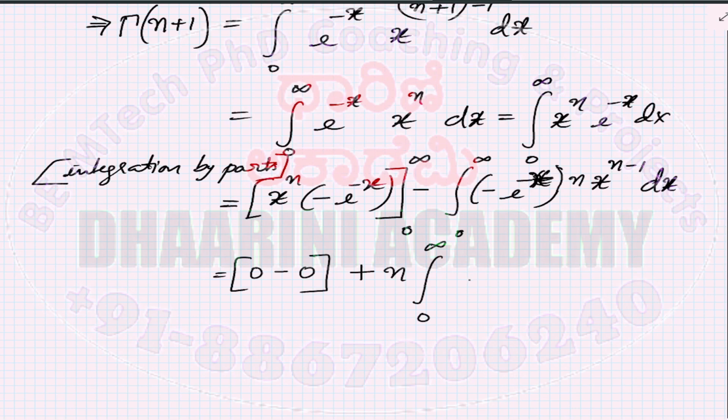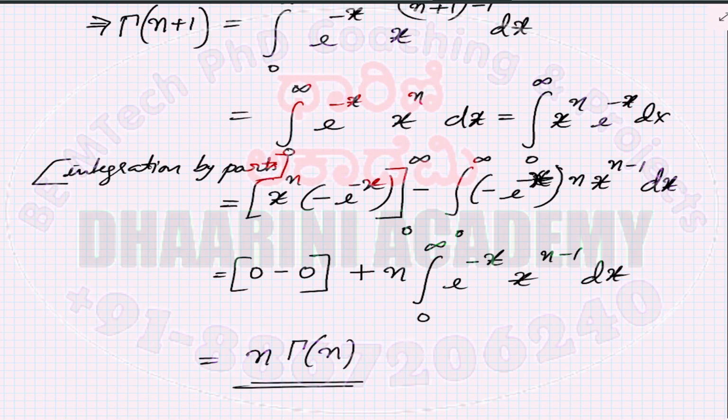I write the remaining term, this is e to the minus x, x to the n minus 1 into dx. Correct? If you refer back and check the definition of gamma of n, I have the same thing here, but n is there outside, n into gamma of n. So this itself is the RHS.